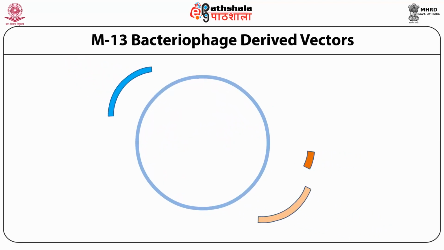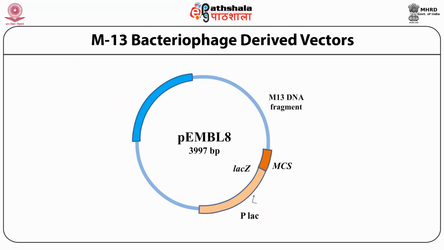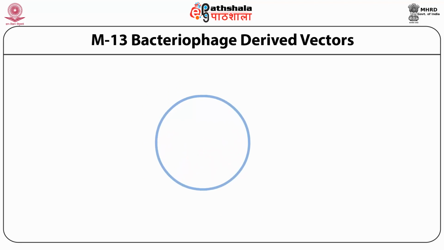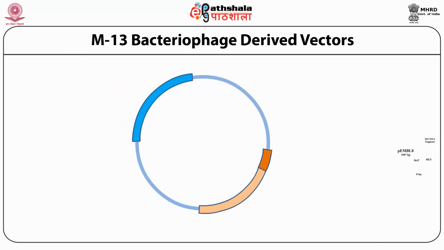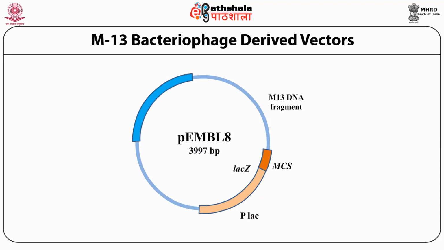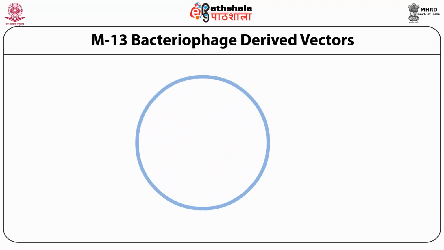One of the first hybrid plasmid vectors was pEMBL, constructed in 1983. They are characterized by the presence of a bla gene as selectable marker for ampicillin resistance, a short segment coding for the alpha peptide of beta galactosidase lacZ and containing an MCS, that is multiple cloning site.